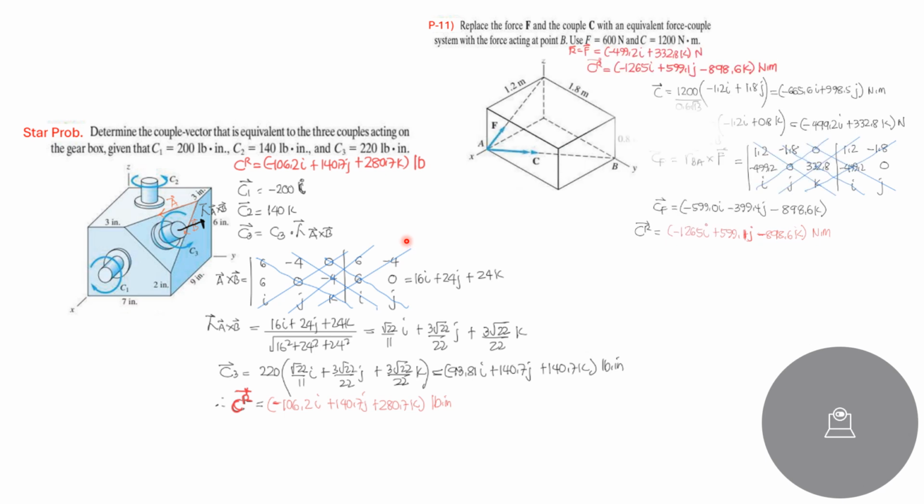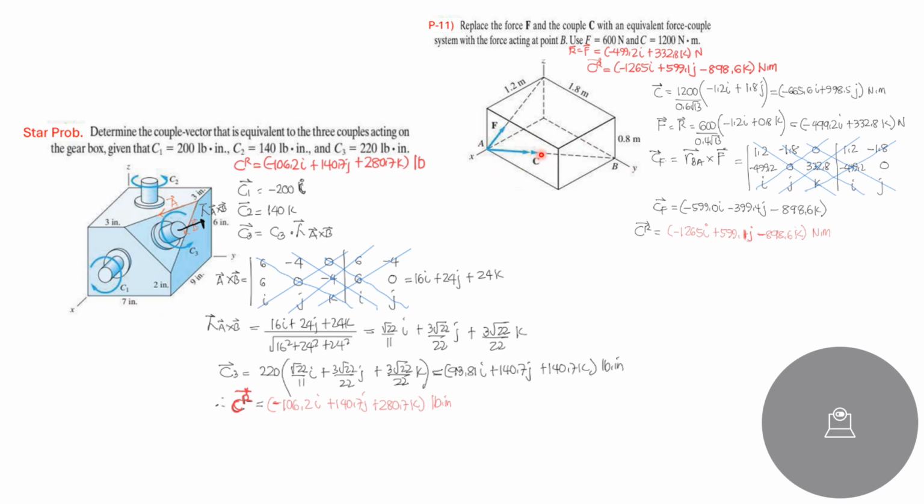Next, problem 11. Replace the force F and the couple C with an equivalent force-couple system with the force acting at B. So since there's only one force, when we move that at B, then it's the same. The resultant is still F, but the moment about B would be different because we had a couple here and F has also a moment about B. So for the couple, it remains unchanged.